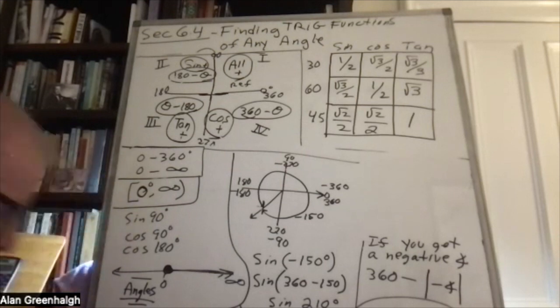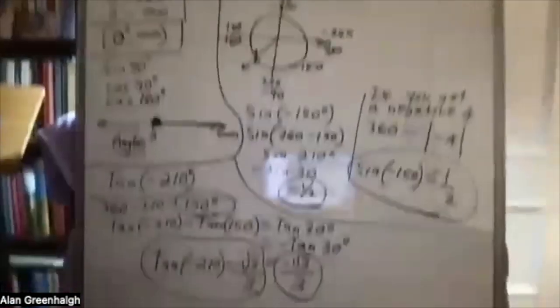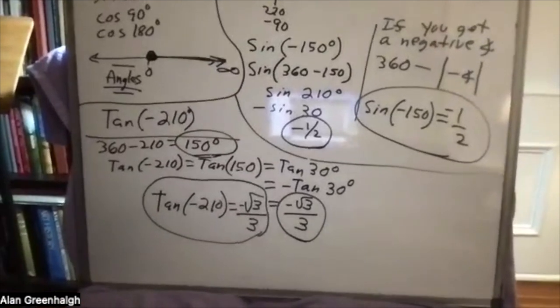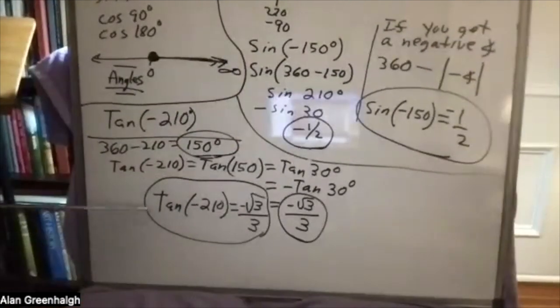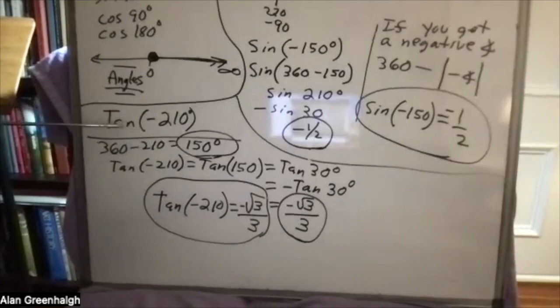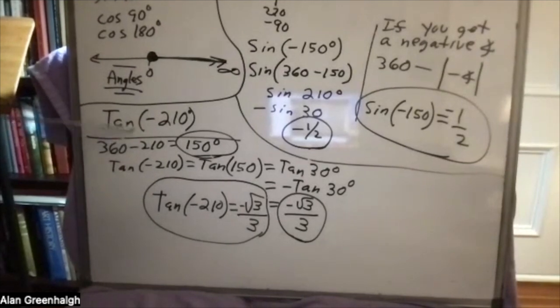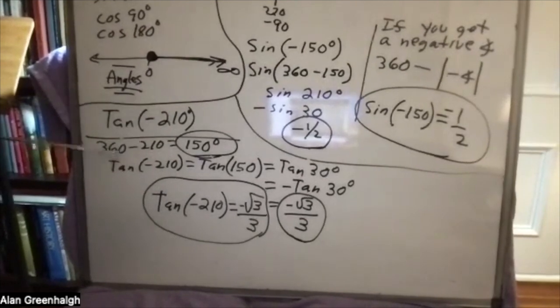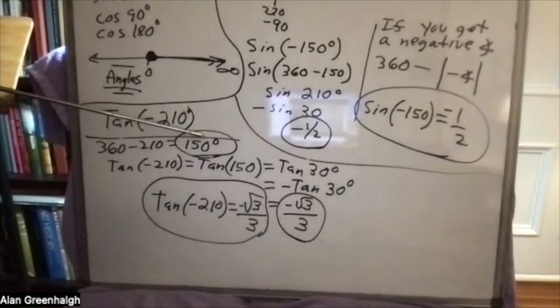How do you like that? Where is it? There it is, right at the bottom here. So once again, convert it to a positive angle by subtracting the absolute value, so just 210 from 360 is 150.